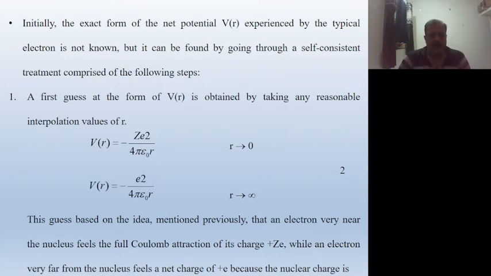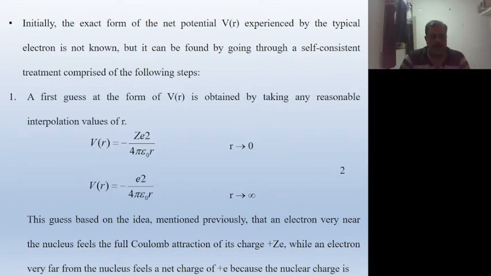V of r is equal to minus Z e square upon 4 pi epsilon naught r as r tends to 0, and V of r is equal to minus e square upon 4 pi epsilon naught r as r tends to infinity, where the Z term is negligible.